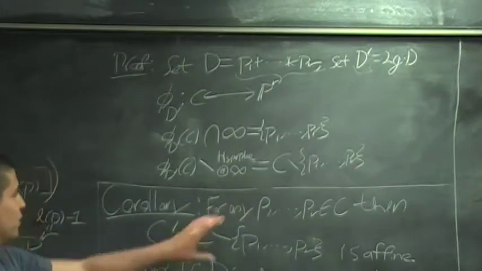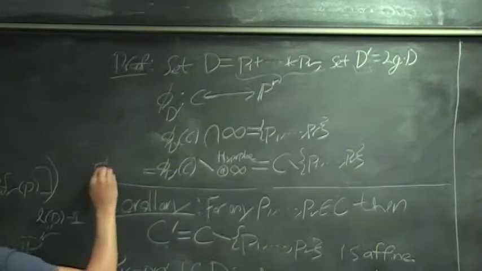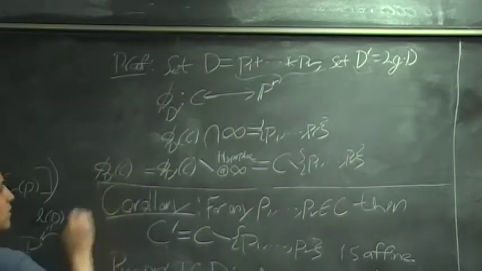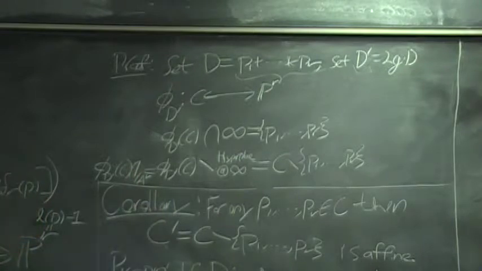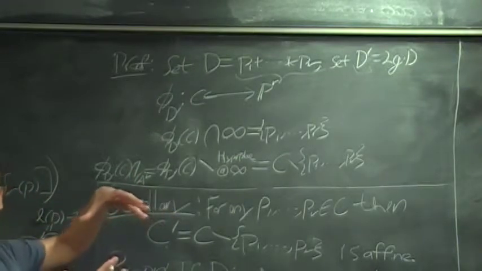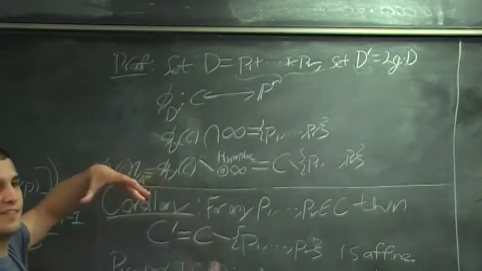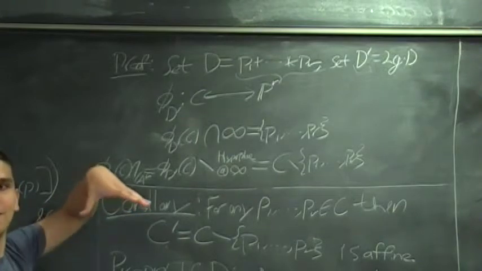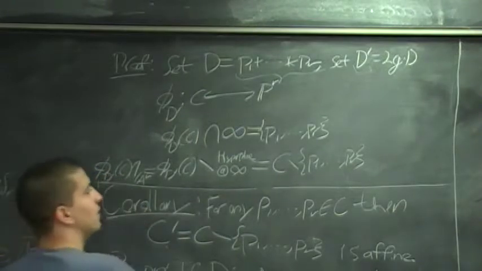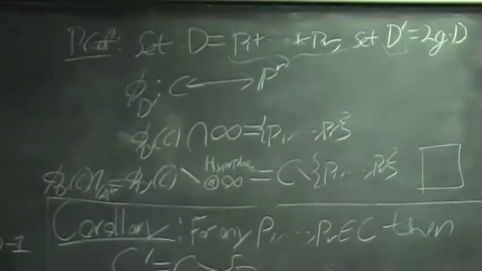This is equal to phi_D' of C intersect that affine space. So basically, we wanted to get rid of some points, so we found an embedding that put those points at infinity, and when we cut them out, we're left with something that's actually a curve in affine space. And that's the proof of the corollary.